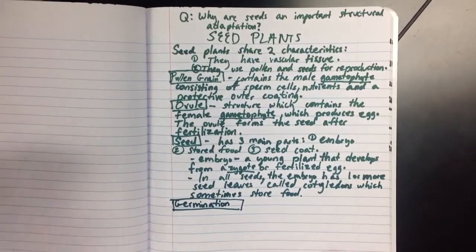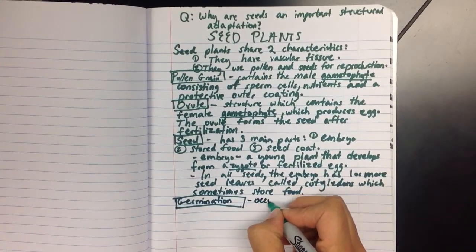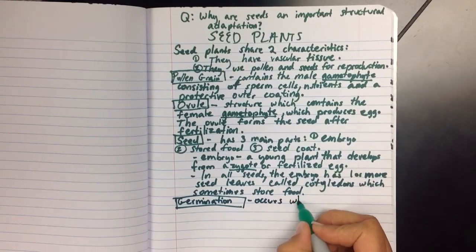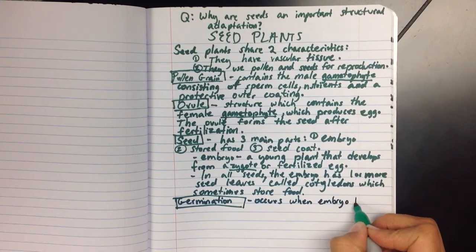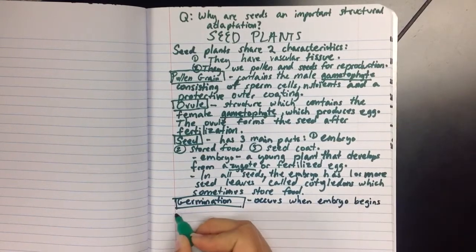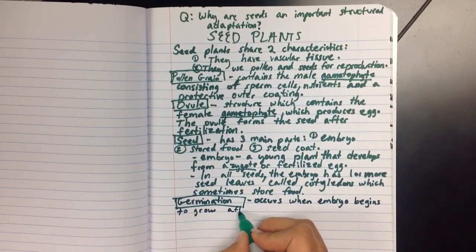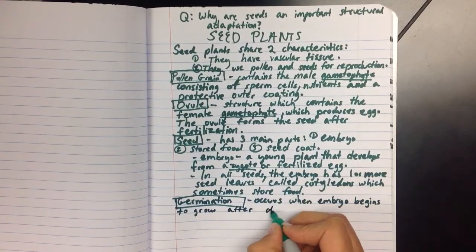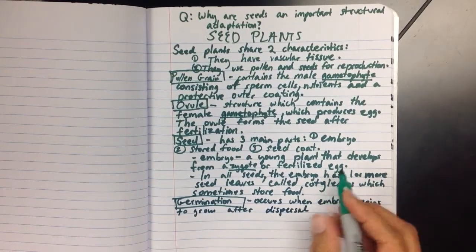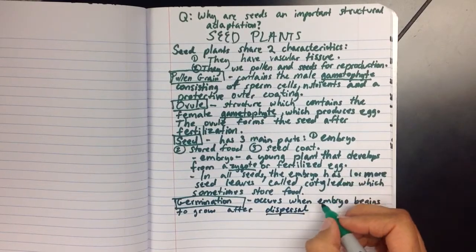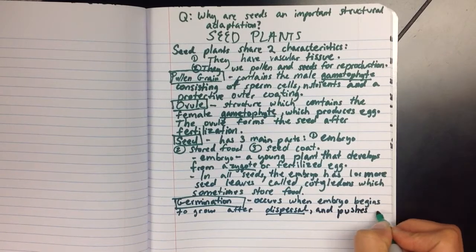Germination occurs when the embryo begins to grow after dispersal, which means after the seed is taken somewhere away from the plant, and pushes out of the seed.